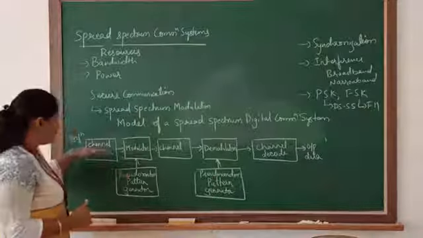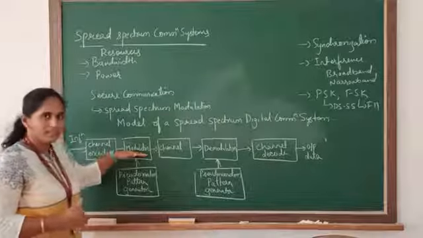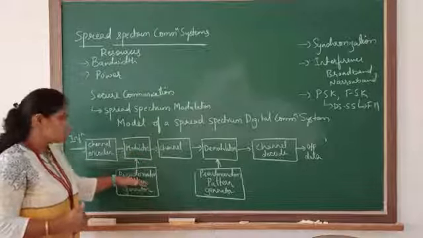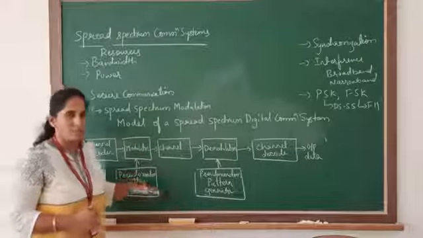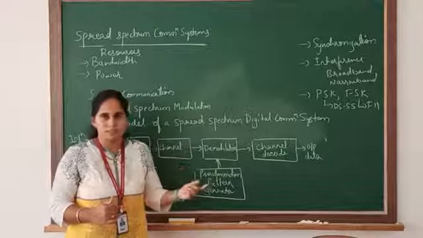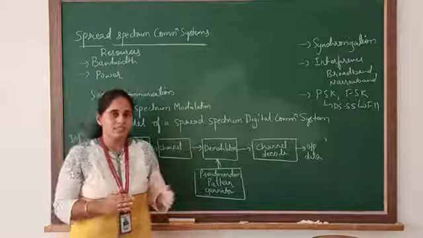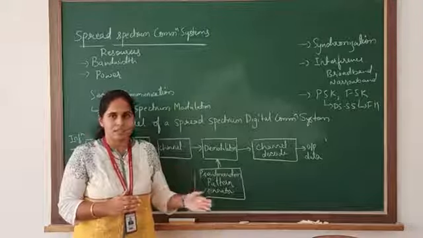Apart from the channel encoder, in conjunction with the modulator, we use a pseudo-random generator, that is the PN sequence generator we saw in the previous session. At the demodulator also, the same PN sequence generator is used at the receiver side.